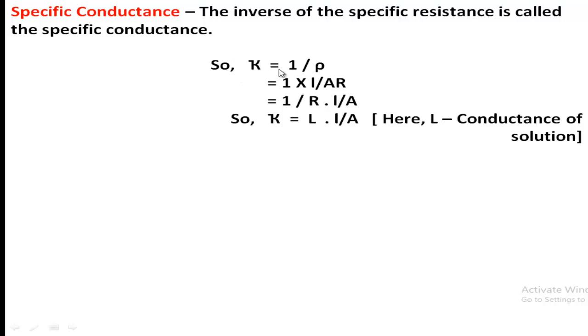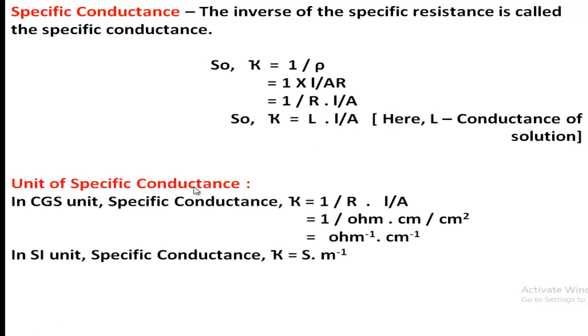So kappa equals 1 by rho, and we have already seen rho equals AR by L. So here 1 by rho equals L divided by AR. So we can write 1 divided by capital R into L by A. So finally we can write kappa equals 1 by R, meaning conductance L, into L by A. This is the specific conductance formula.